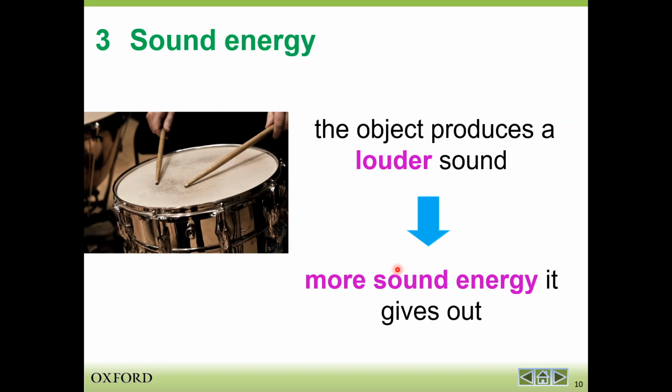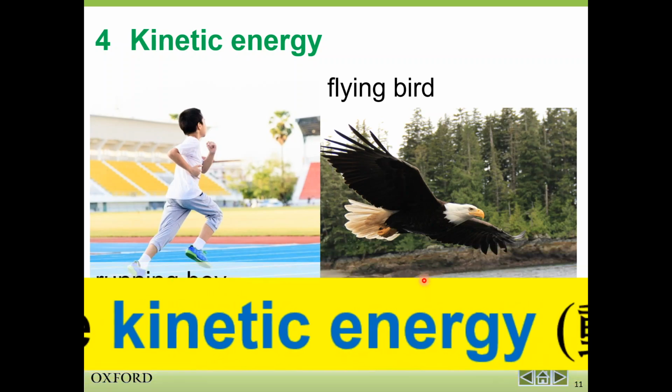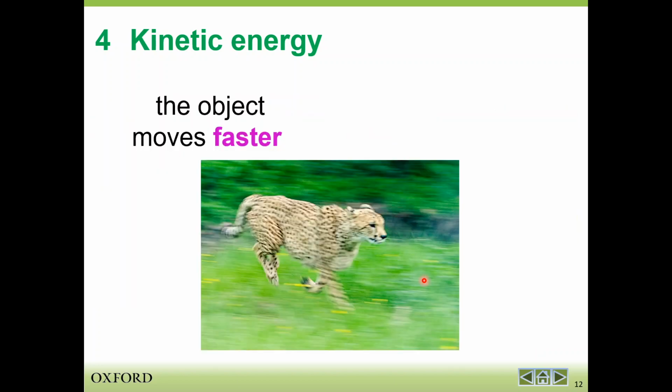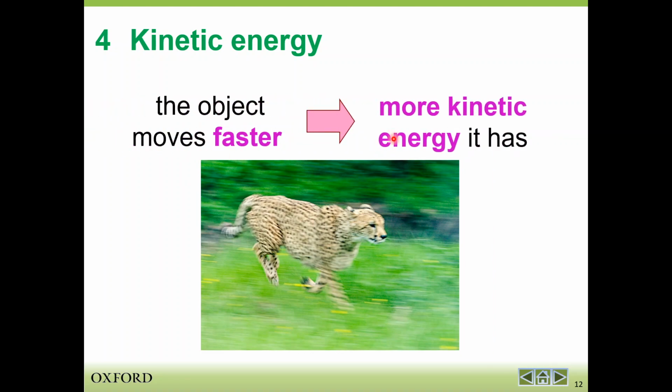The fourth form is kinetic energy. When you are running, playing, or when a bird is flying, they all need kinetic energy. When you run faster or move faster, you need more kinetic energy.